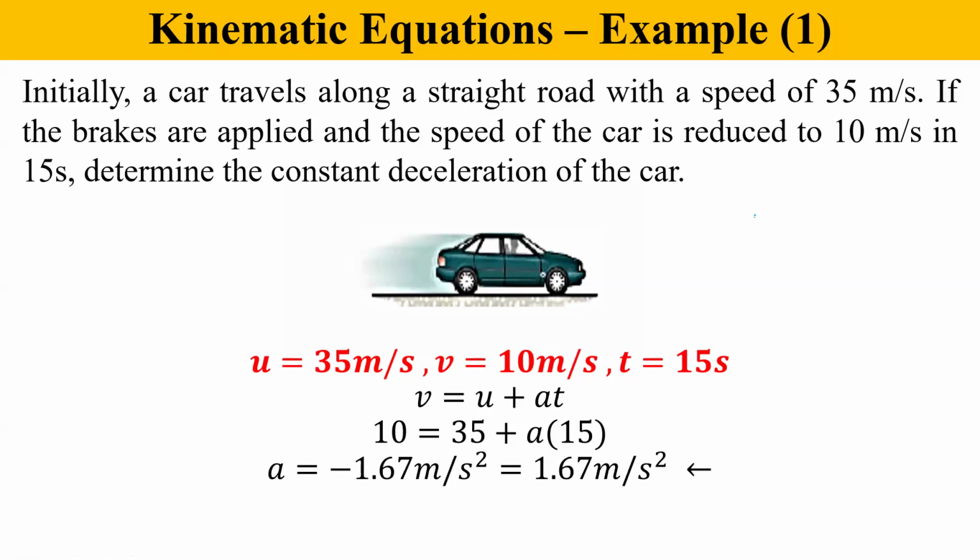So you write u equals 35 meters per second, v is 10 meters per second, and t is 15 seconds. And then they say you must determine your acceleration, so you know that is what you need, the question mark. Looking at everything, the first equation of motion will help you, because you see that there is the final velocity, initial velocity, acceleration and time, and you don't have the acceleration.